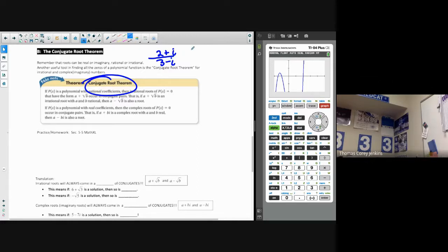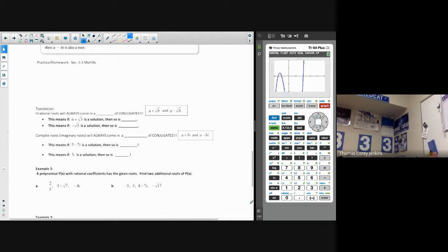So you'd multiply by (3 plus i) over (3 plus i). That's a conjugate. But here we're talking about real numbers too. If we have a plus or minus a square root, that also has a conjugate, an irrational number, in other words.